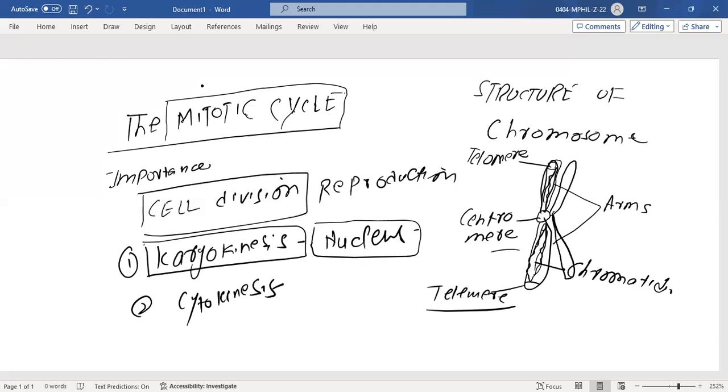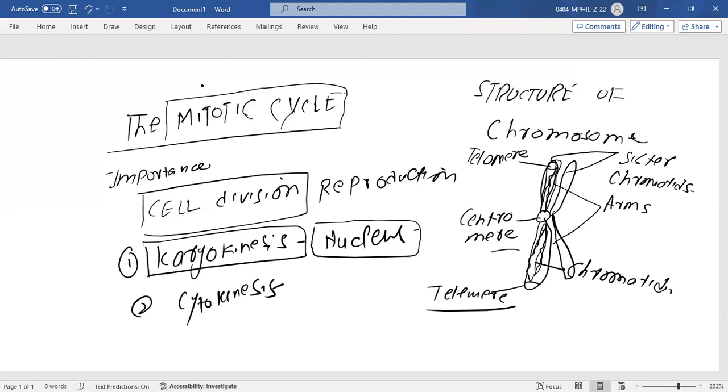When the single chromosome replicates to produce identical arms like this, this is what we call sister chromatids, right?